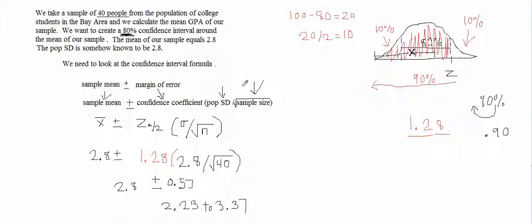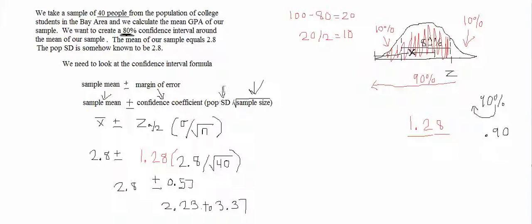And you might be wondering, how would this be done if population standard deviation hasn't been calculated? Well, what you can do is take the people in your sample, calculate a standard deviation for those people only. It becomes a sample standard deviation. Substitute that for the population standard deviation in the formula.